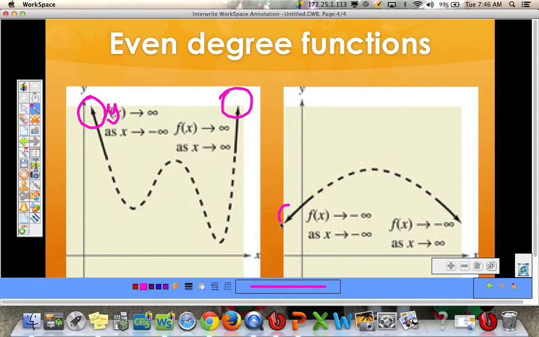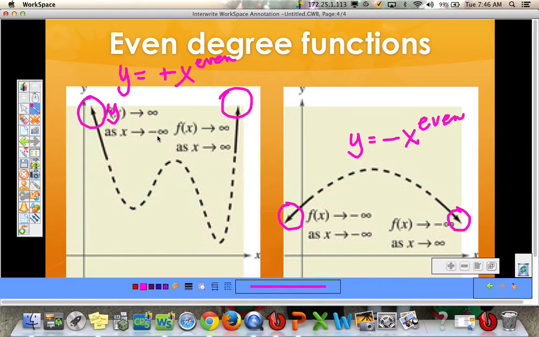This is also an even function, and the end behavior goes the same way, but this is when you have a negative. So for example, this would be y equals a positive value in front of x to an even power. And this would be y equals negative x to an even power as well. Okay, so if it's even, the end behavior is the same, but if the coefficient is negative, it's upside down. Just think about the parabola that was negative; if it's positive, it goes up in each direction.